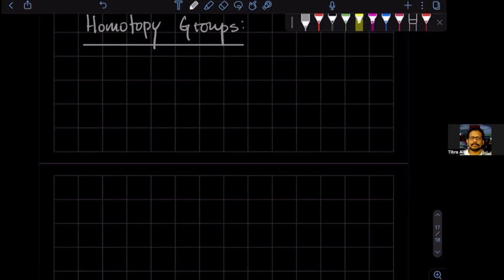But if you have some space, say M, and you consider the class of maps from S^n to M, such that their equivalence classes are under continuous deformation.